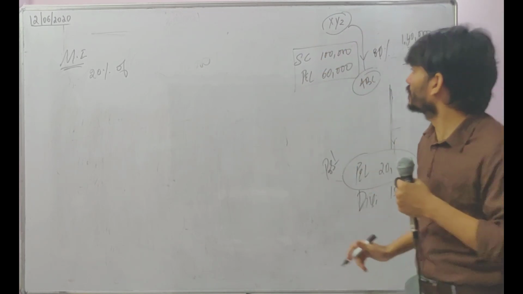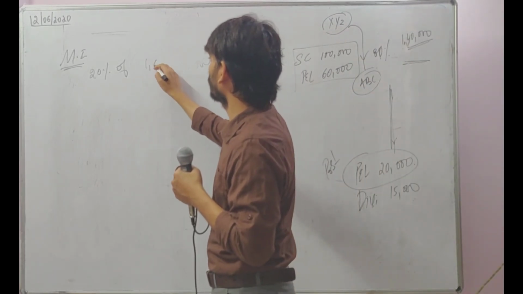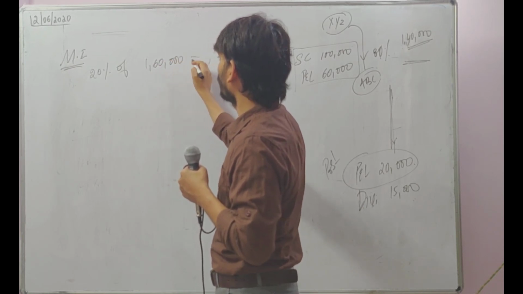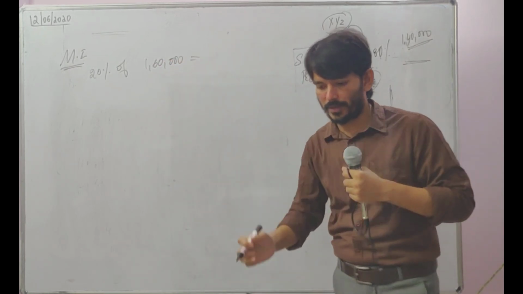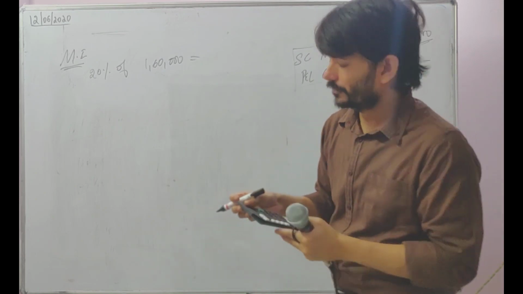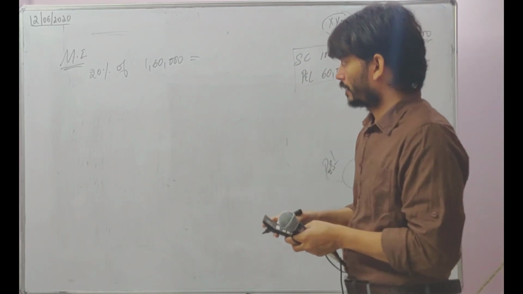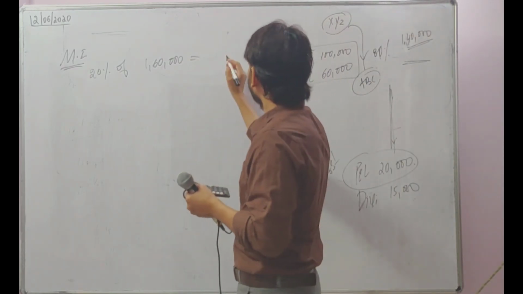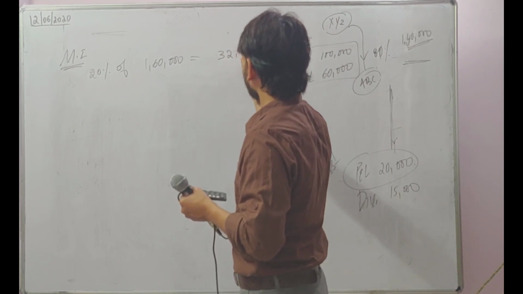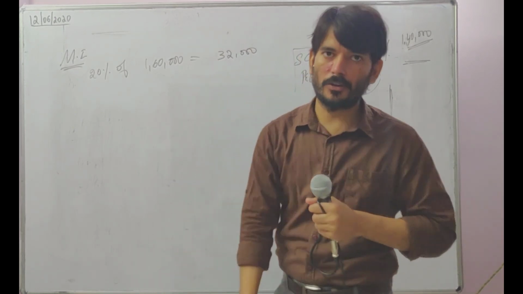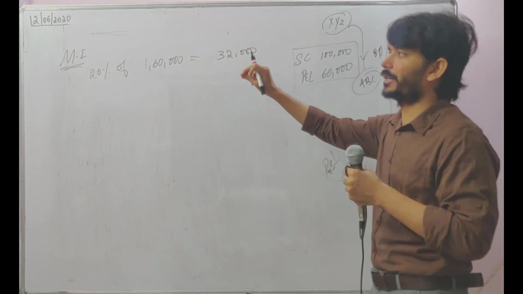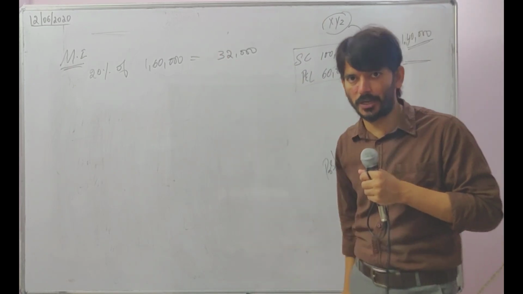On the date of acquisition, it is 1 lakh plus 60, 1,60,000. So I am writing it in a short way, but you write it properly in the examination. 32,000. Yes. So 32,000 is the minority interest value on the date of acquisition.